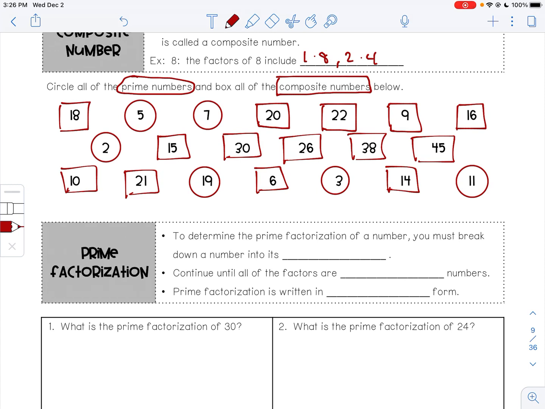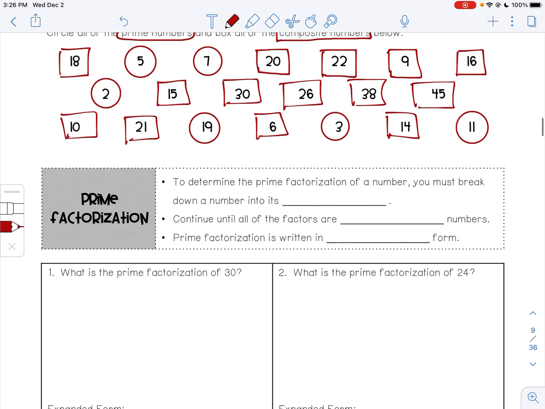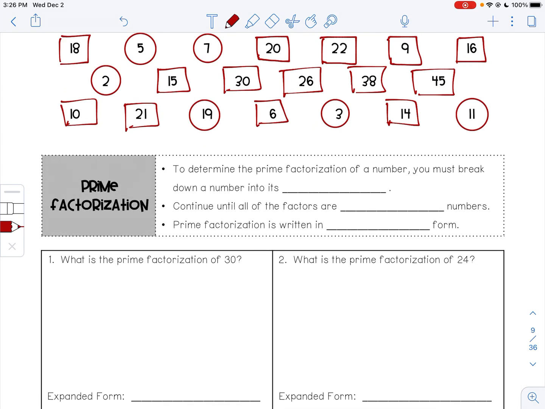Okay, so now we are going to use something called prime factorization. It says to determine the prime factorization of a number, we must break down a number into its factors. The second step is we continue until all of the factors are prime numbers.